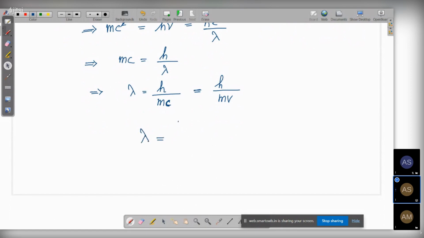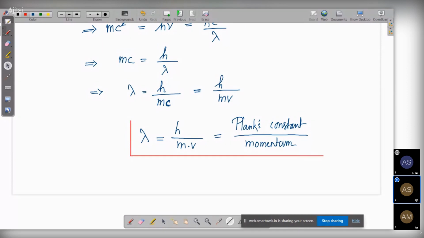So the equation that de Broglie gave to calculate the wavelength is λ = h/mv, where h is Planck's constant and mv is the momentum. This equation is called the de Broglie equation.